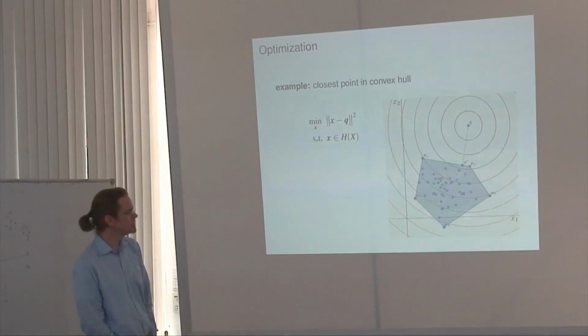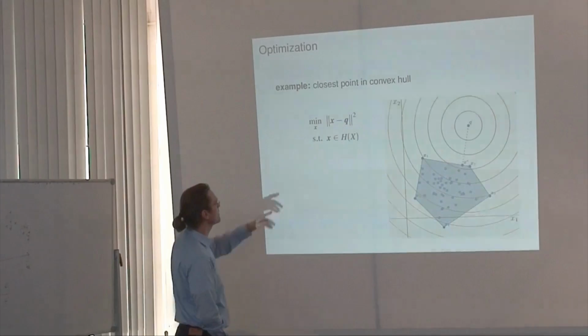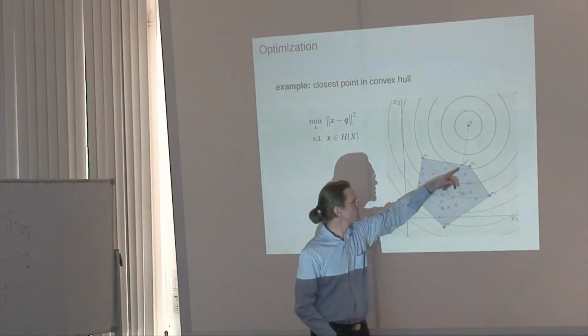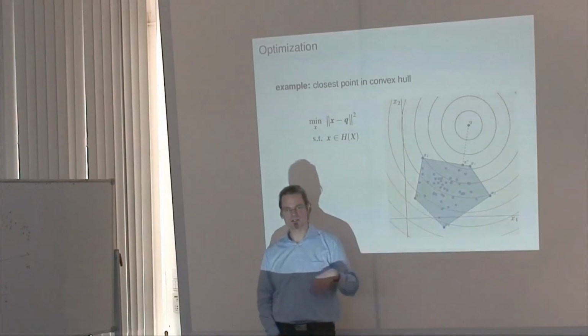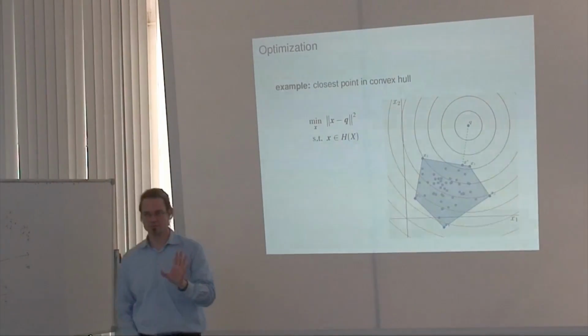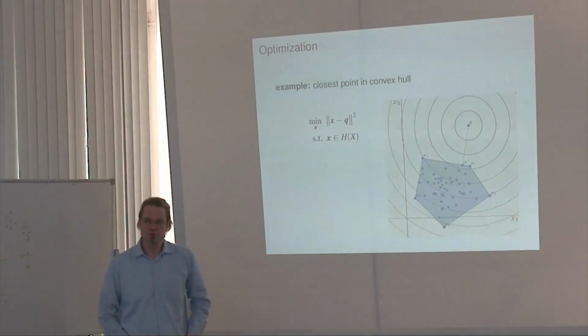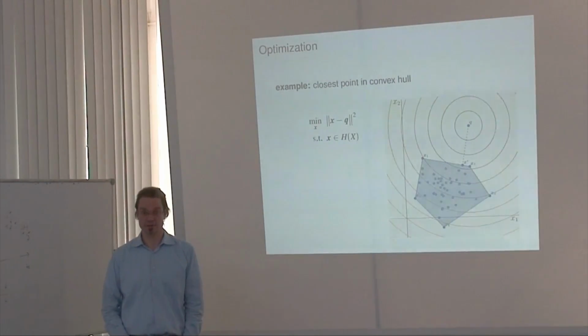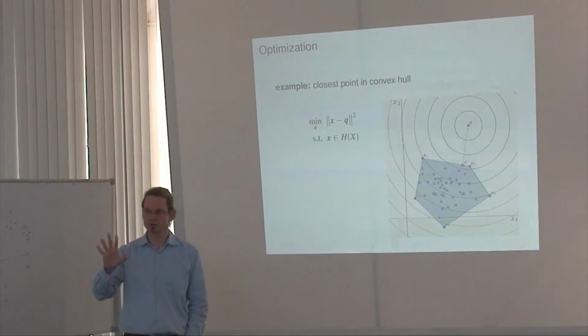The example we will be looking into is the problem of minimizing the distance between a point Q and the convex hull of a set of points x. For the sake of simplicity, assume that we knew the vertices of this convex set. Difficult to get them in general, but here we know them.